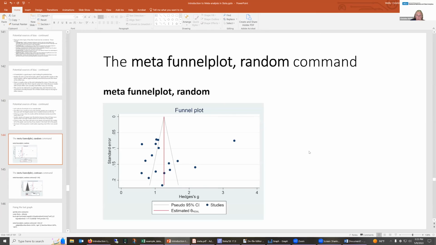Here's the graph. This is the funnel plot of our example data set. Here is our average estimated effect size, and each of these dots represents a study. Here's our 2016 study out here. But if you look at this, you say, well, gee, I wish there was something up here, and I kind of wish there was something down here.